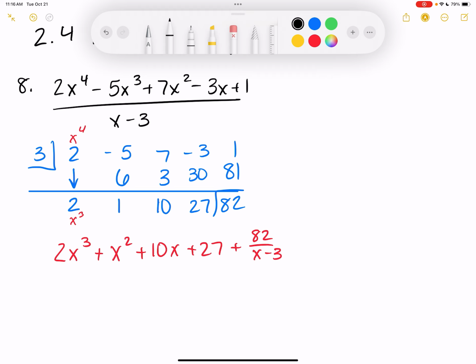So we removed the x because it's x minus 3? Yeah, because we're dividing technically by an x at the same time. You just don't see that process happening. So it's almost like you're factoring an x out of everything, essentially. That's more or less what's happening.